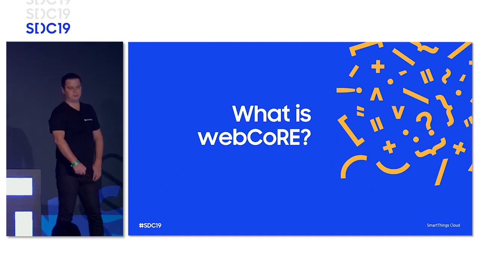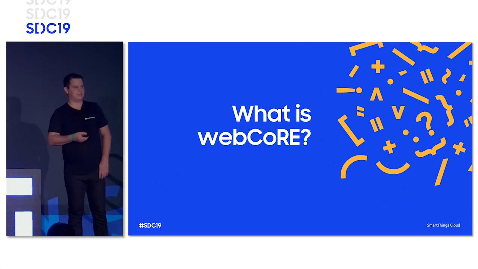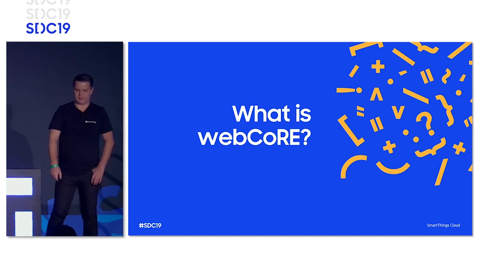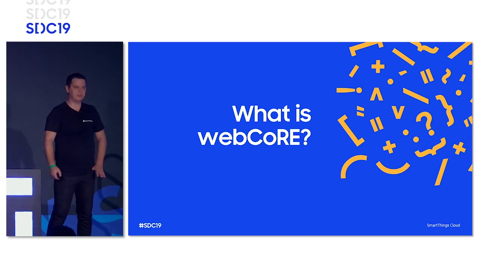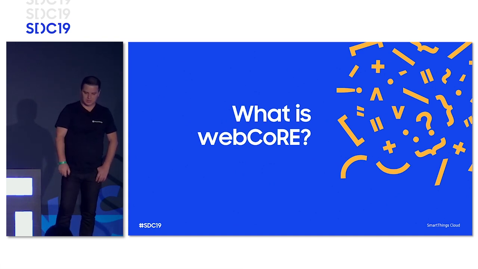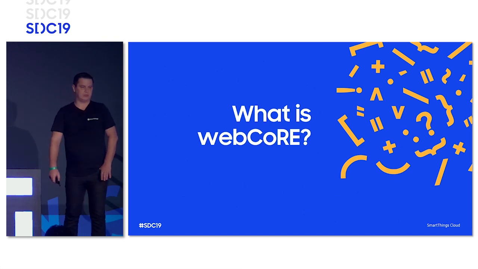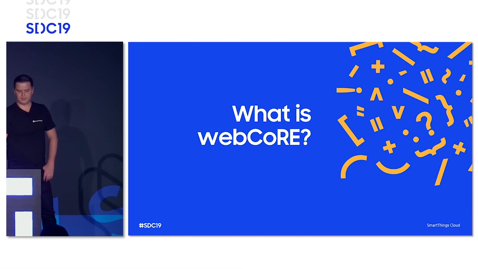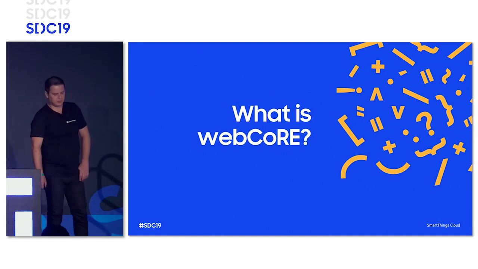So what is WebCoRE? Well, in short, it's really a rule engine, and it allows users to create rules that help things around them interact with actions that users have. For those of you who know the ecosystem of SmartThings, WebCoRE is in essence a collection of smart apps that a user has to install into the account.